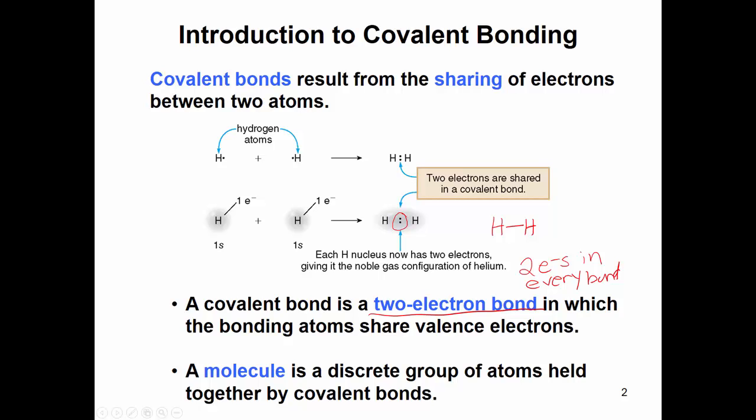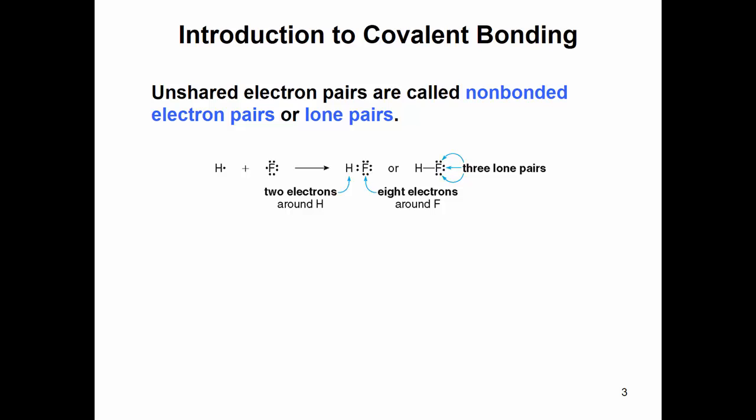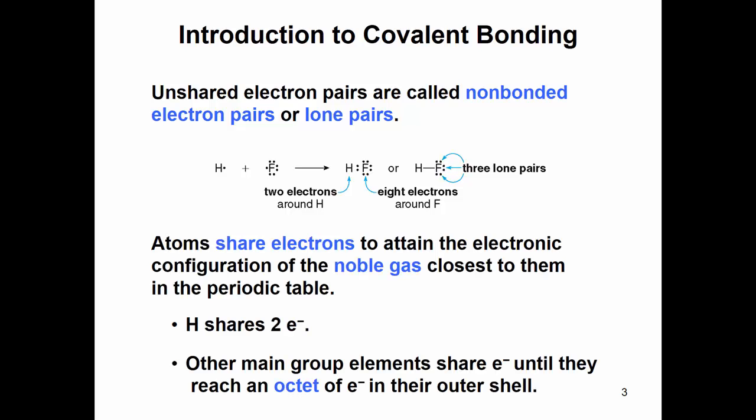The term molecule means that we have a stable arrangement of atoms held together by a covalent bond. So when we say the term molecule, this is what we are referring to. If we have a covalent bond between hydrogen and now fluorine, they're going to get close enough together.